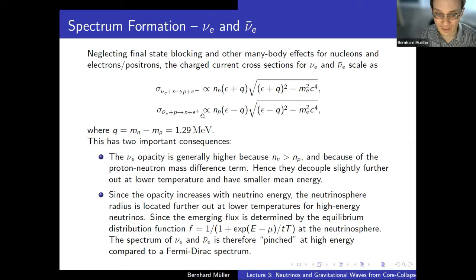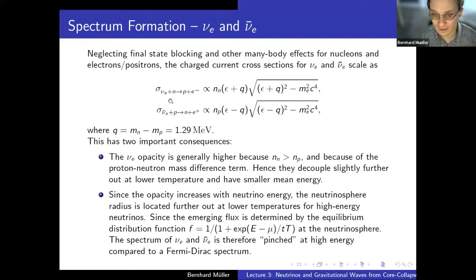Now, two things are important here. One, if you have more neutrons around than protons, then automatically the opacities for the electron neutrinos will be higher. Second, in terms of the phase space available, absorbing an electron neutrino on a neutron is much easier than absorbing an electron antineutrino on a proton.